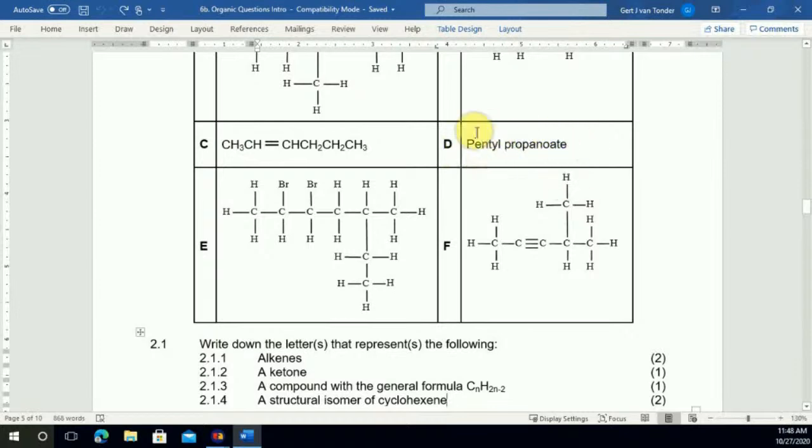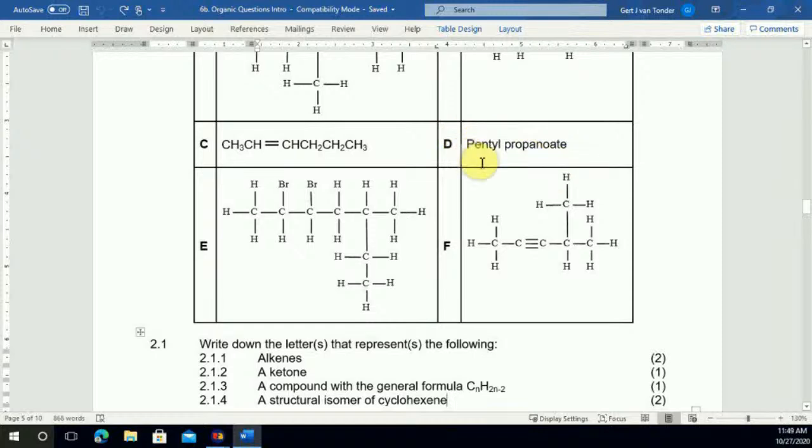Clearly from the name, we can see that that part of the name comes from pentanol, because remember, it is only primary alcohols that form the esters. So it's pentan-1-ol, and this comes from propanoic acid. And that's how we got pentyl propanoate.